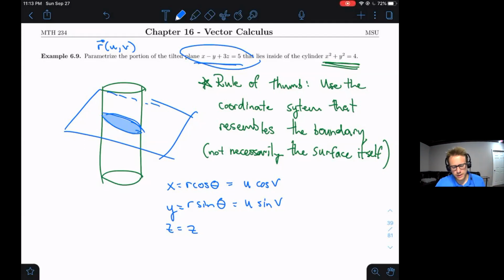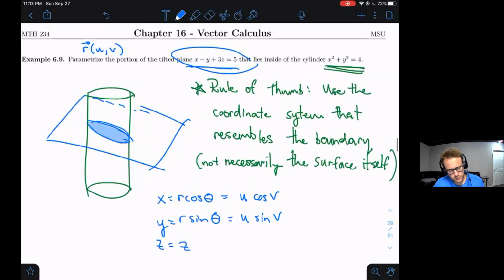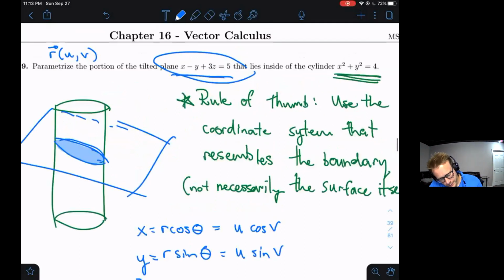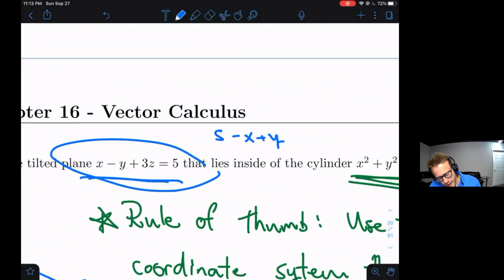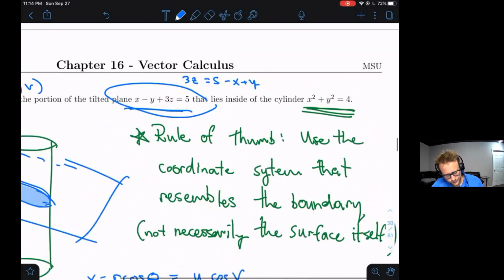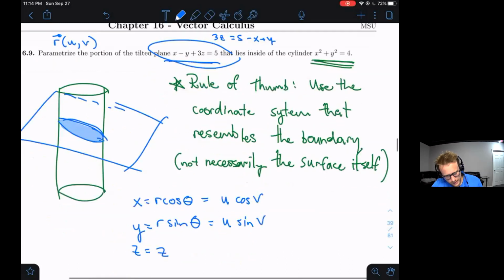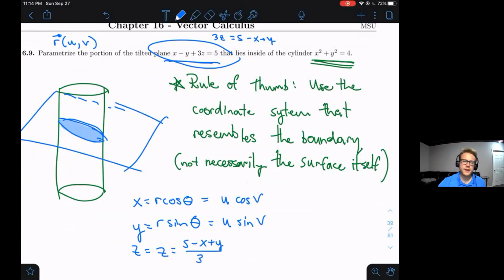And so let's go ahead and maybe rearrange this. I'm going to have 5 minus X plus Y equal to 3Z. And so now I just need to divide by 3 everywhere. So Z is going to be equal to 5 minus X plus Y, all divided by 3. And now remember, X, we know a parameterization for that in terms of U's and V's.